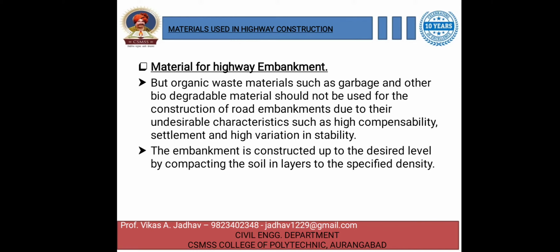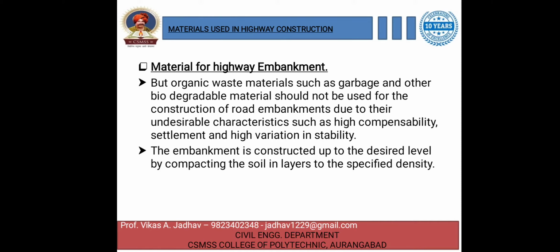The embankment is constructed up to the desired level by compacting the soil in layers to specified density. As soon as we bring soil from outside, we will lay that soil on the embankment. After laying the soil, the compaction is done, and after compaction, if the level is reached, then it's okay.